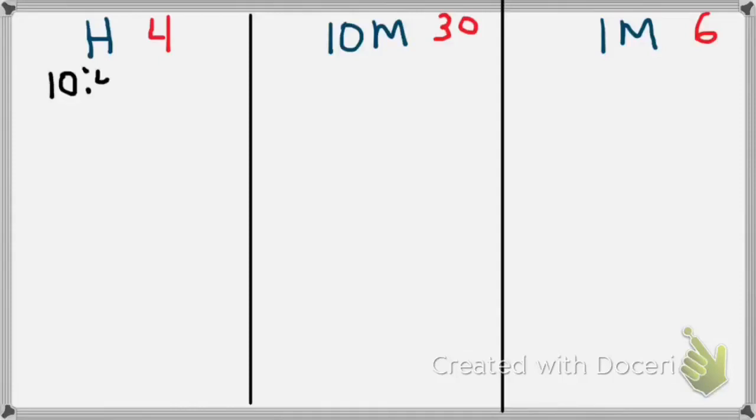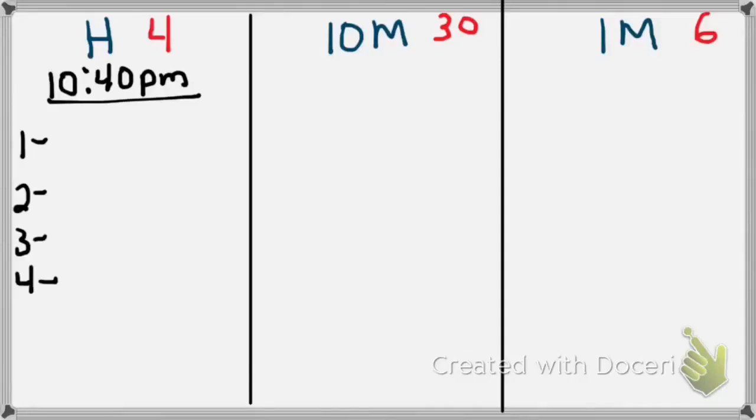I know that my start time that they told me was 10:40 p.m. I always underline the first time. So now I need to figure out 4 hours from there. I'll put my numbers 1, 2, 3, 4. And let's count by hours. 1 hour after 10:40 p.m. would be 11:40 p.m. 1 hour after 11:40 p.m. would be 12:40.